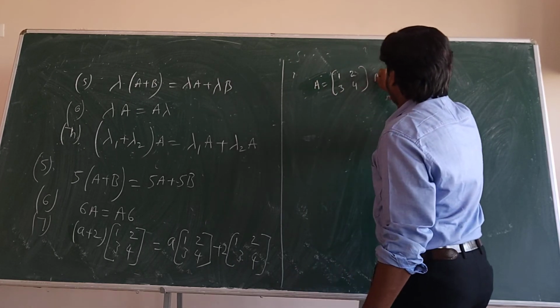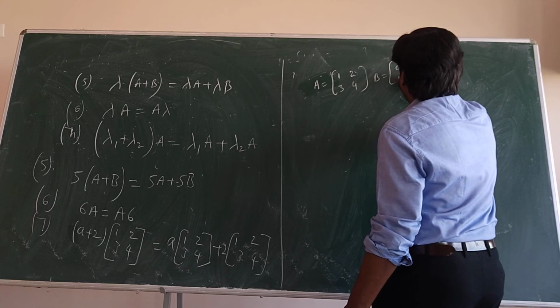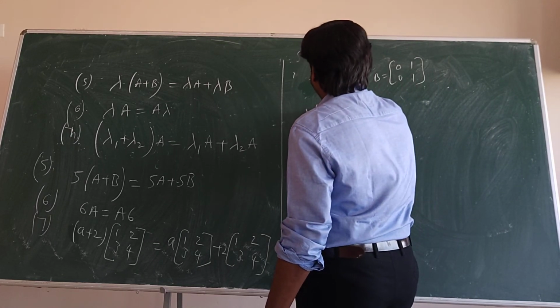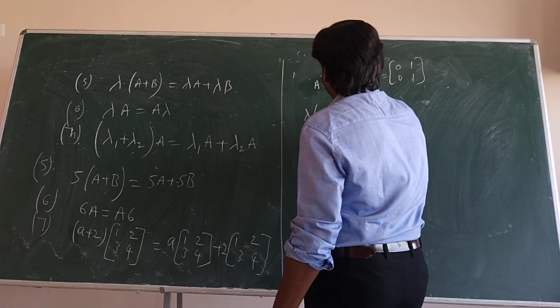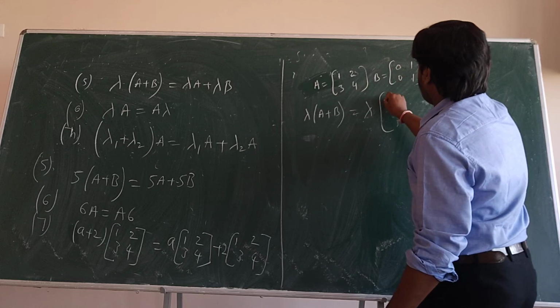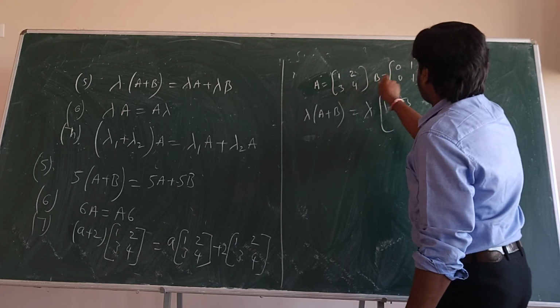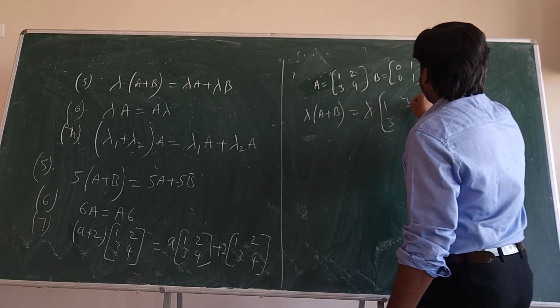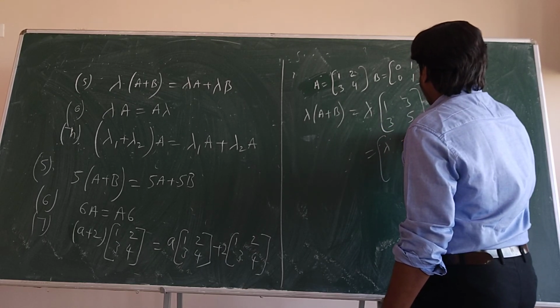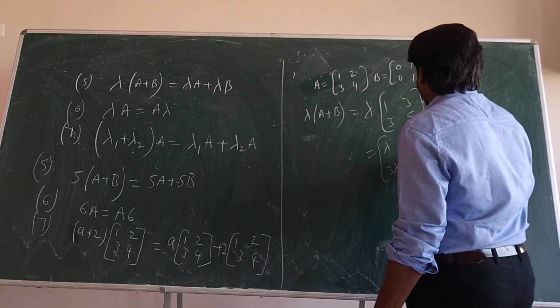B is one matrix, 0 1 0 1. If I say lambda times A plus B, then what do you get here? Lambda into A plus B means we add here 1 plus 0 is 1, 2 plus 1 is 3, 3 plus 0 is 3, 4 plus 1 is 5. And if I multiply, I get lambda, 3 lambda, 3 lambda, 5 lambda.